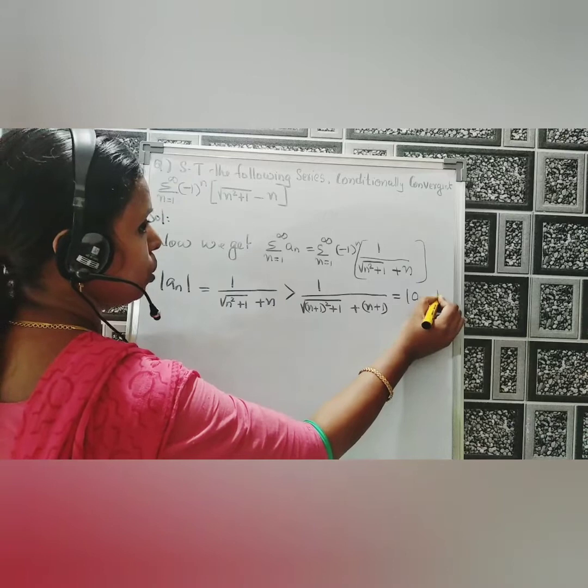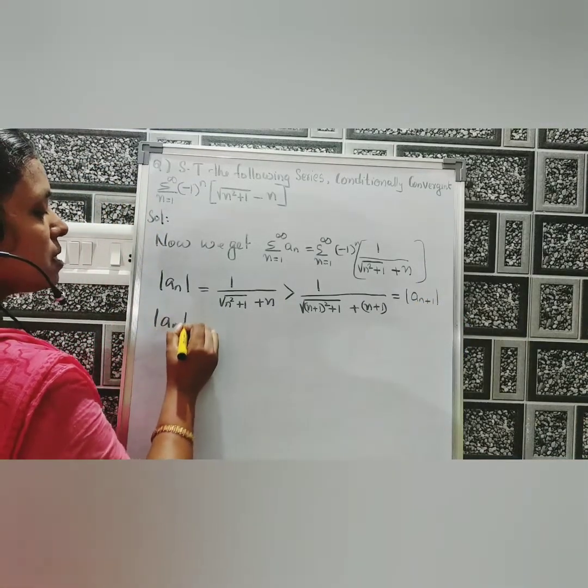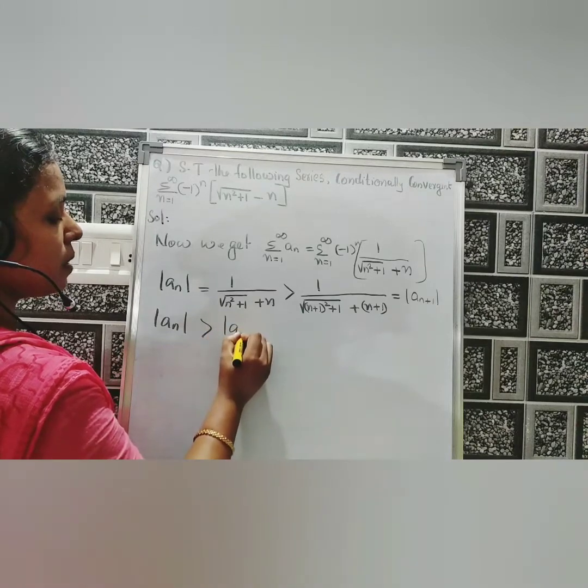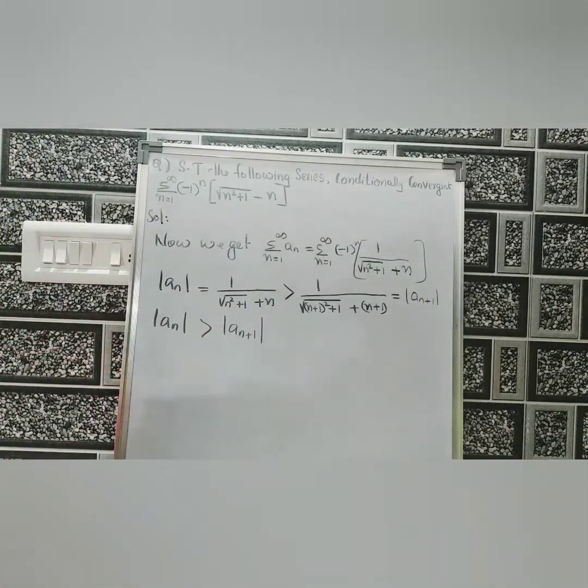That is equal to mod a n plus 1. We get mod a n is greater than mod a n plus 1. It satisfies the second condition of the alternating series.